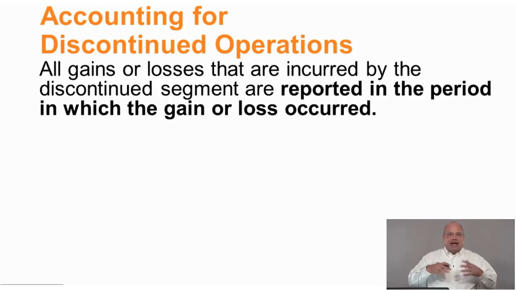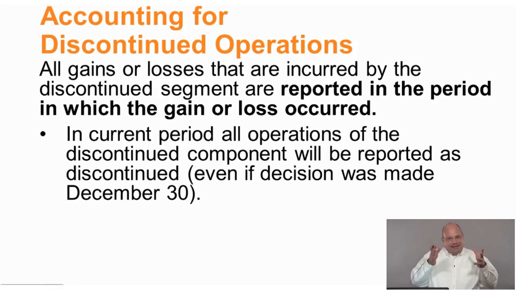Now, all those gains and losses are going to be reported in the period in which that gain or loss occurred, which means the gains and losses from this period's operations of that discontinued segment will be reported this period. The entire year's operations are going to be reported as discontinued, no matter when the company made the decision.